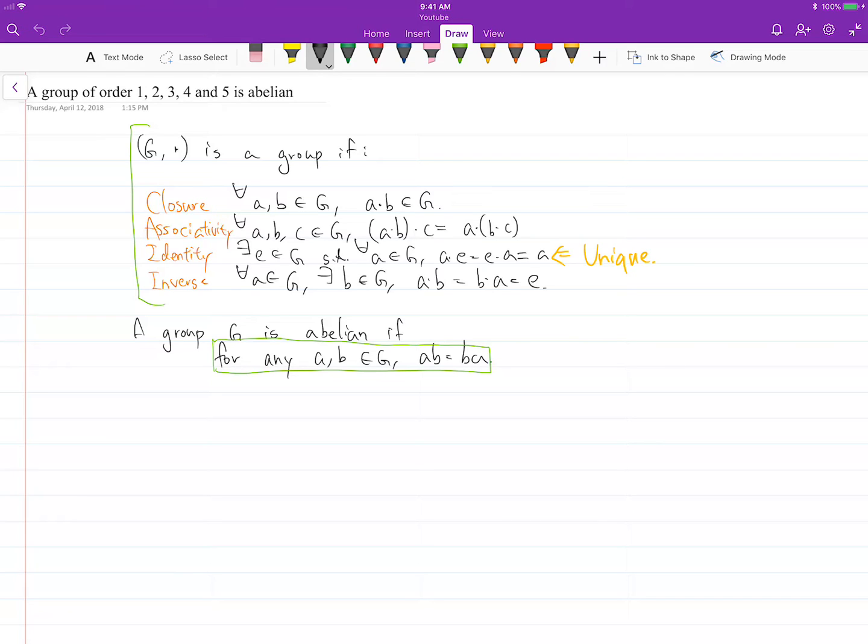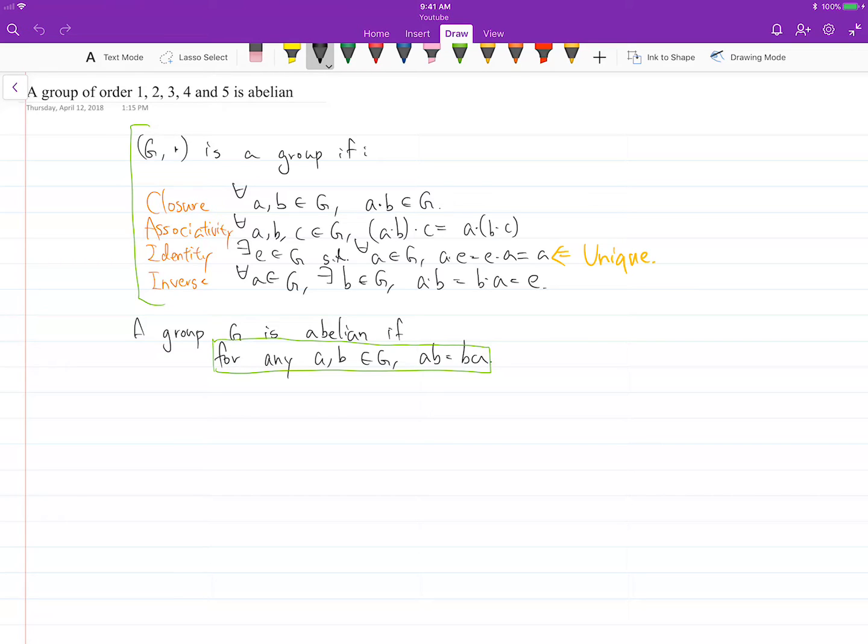So today I wanted to show that a group of order less than or equal to 5 has to be abelian. First of all, a group is a set with an operation such that it follows these 4 properties: closure, associativity, identity, inverse.